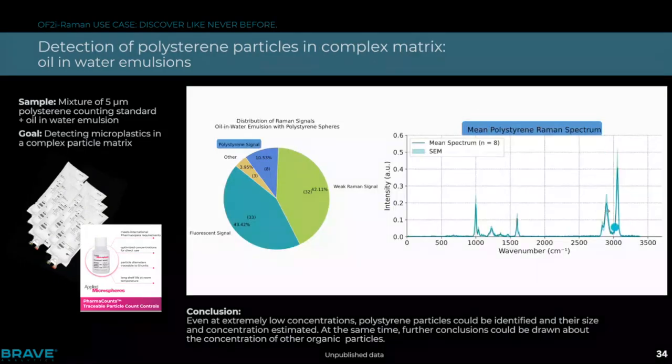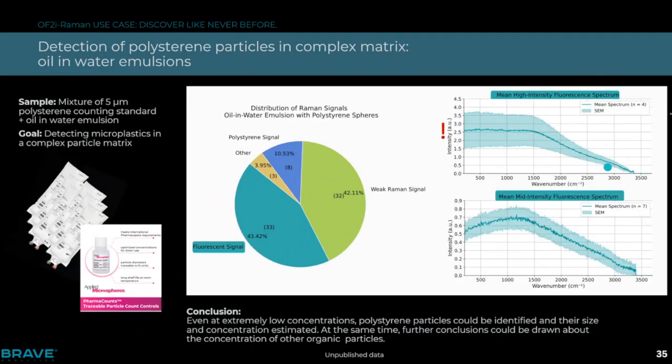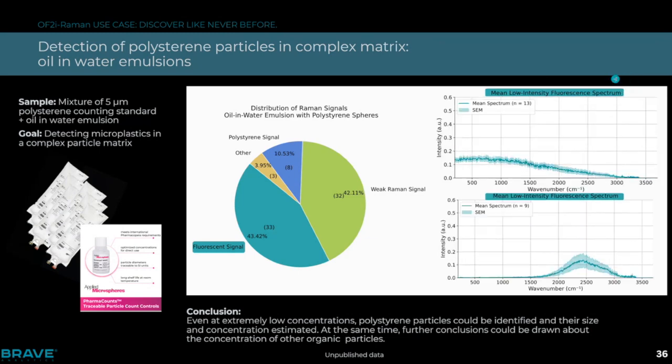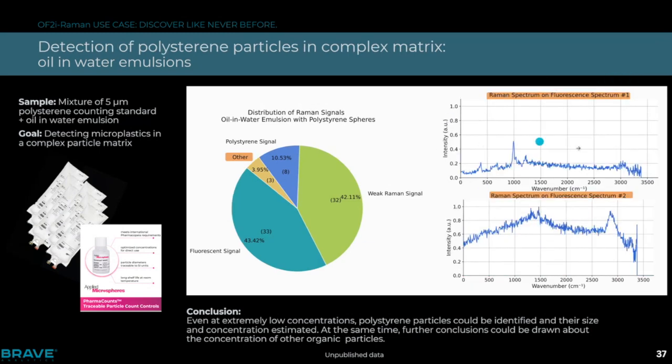The particles we want to find generate really still very nice spectra. So also the standard deviation of all the different spectra is still very nice. And of course, there are other particles in there, fluorescent signals again, and other information on particles which we do not really know what they are yet, but we could refine them in this kind of experiment.